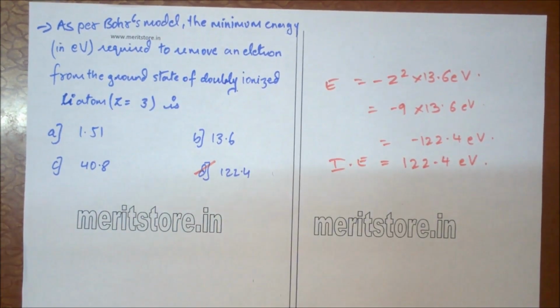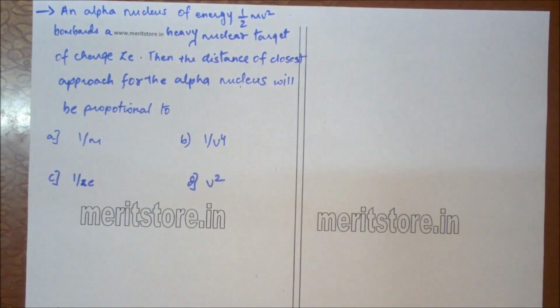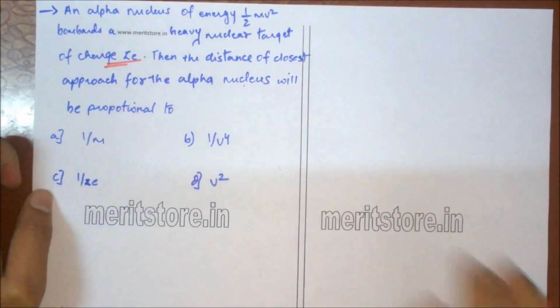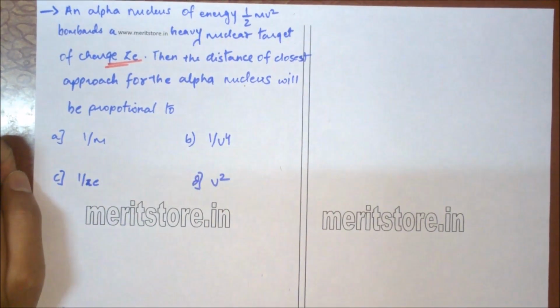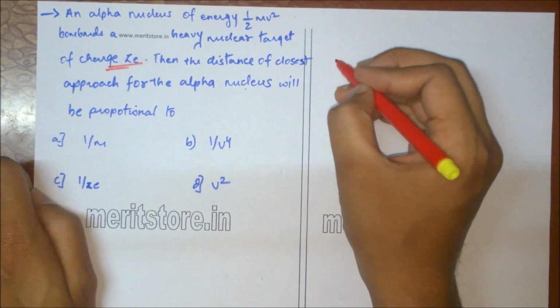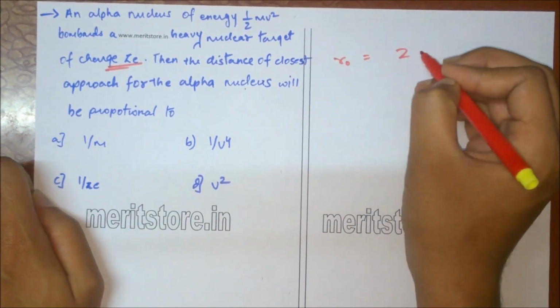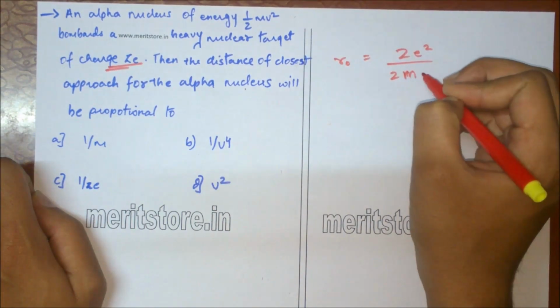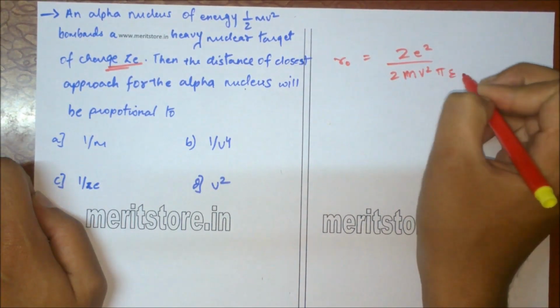Option D. An alpha nucleus of energy half mv square bombarded on a heavy nuclear target of charge Ze. Then the distance of the closest approach from the alpha nucleus will be proportional to. So we have to find the distance of closest approach, which is equal to R0 is equal to Z e square upon 2 m v square pi epsilon 0.